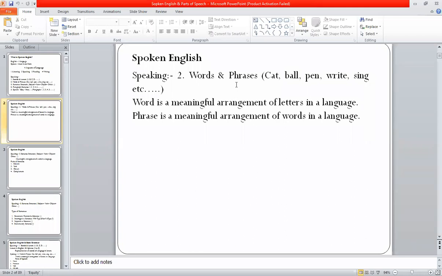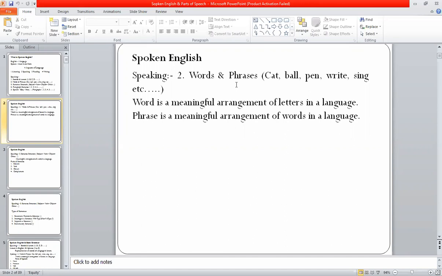So this is the definition of the word. A word is a meaningful arrangement. We can't write in any random order. So a word should have a meaningful arrangement of letters.